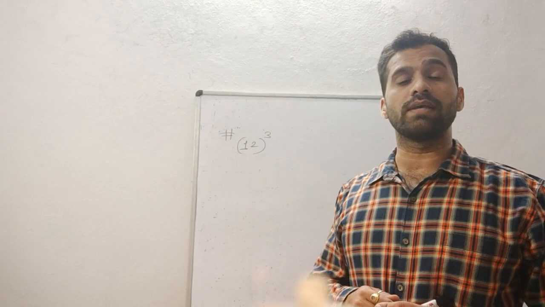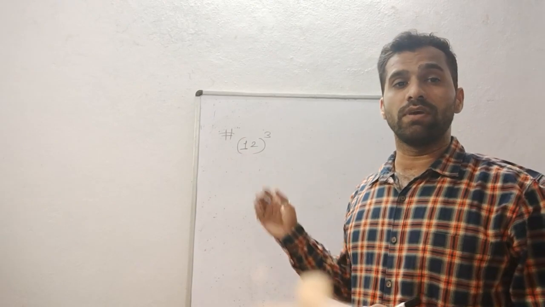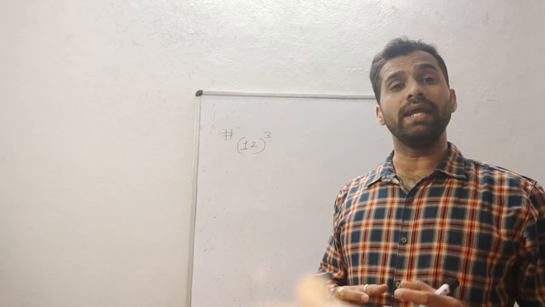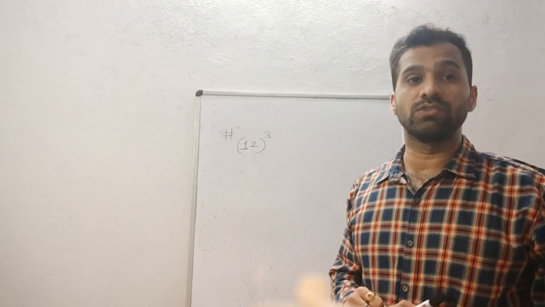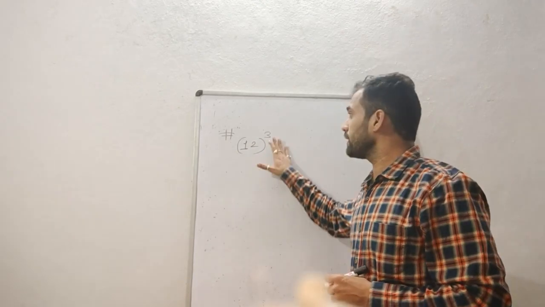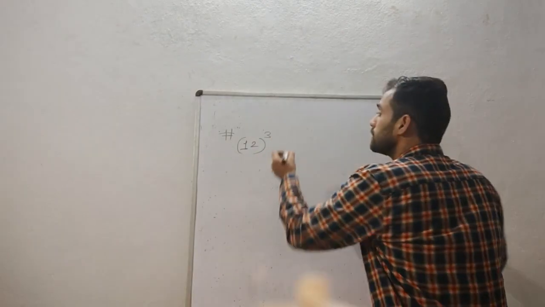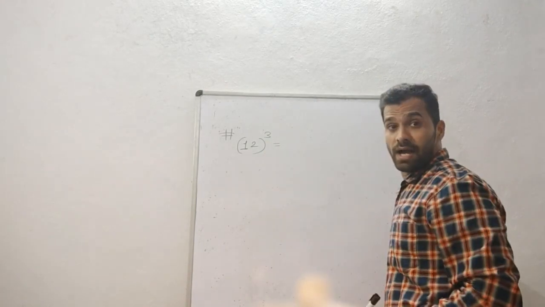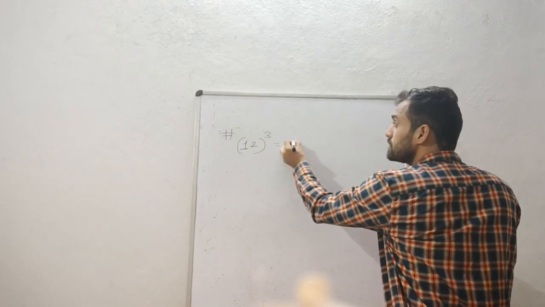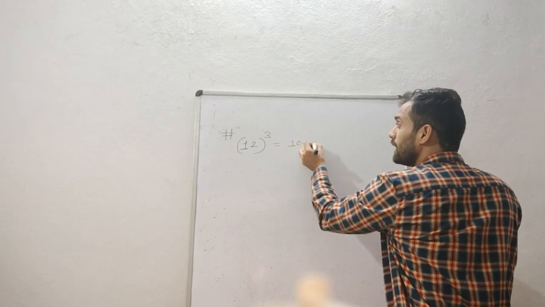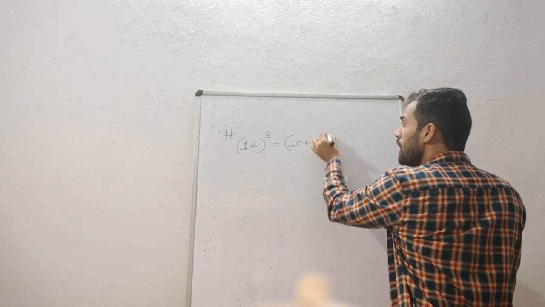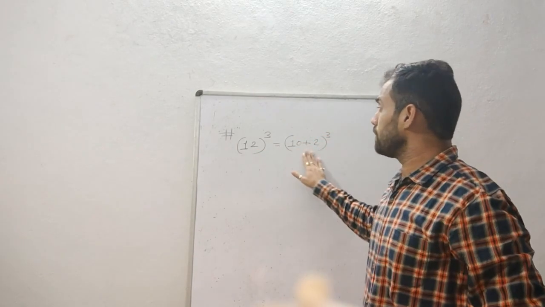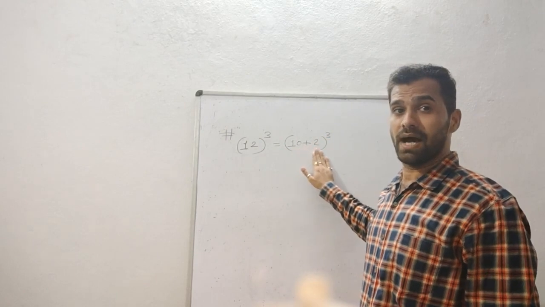But in an exam or in a book or in a test, we will be asked to find using a suitable identity. The suitable identity here is the cube, so we know that (a plus b) whole cube. So 12 we can write as (10 plus 2) whole cube. Now it will become the identity (a plus b) whole cube.